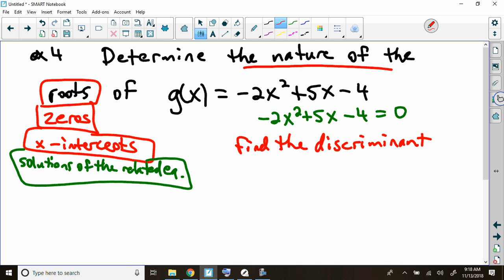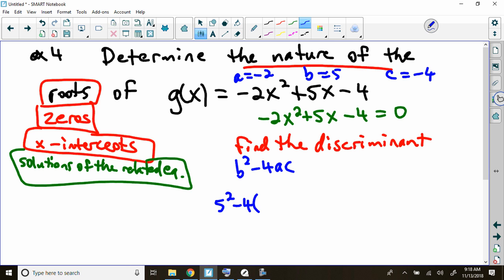So what you're really called to do in this problem then is take this b squared minus 4ac business. Well, our a's negative 2, our b's 5, our c's negative 4. So we're going to take 5 squared minus 4 times negative 2 times negative 4.